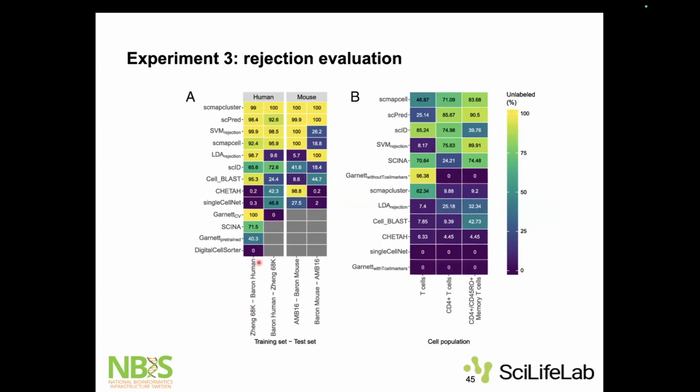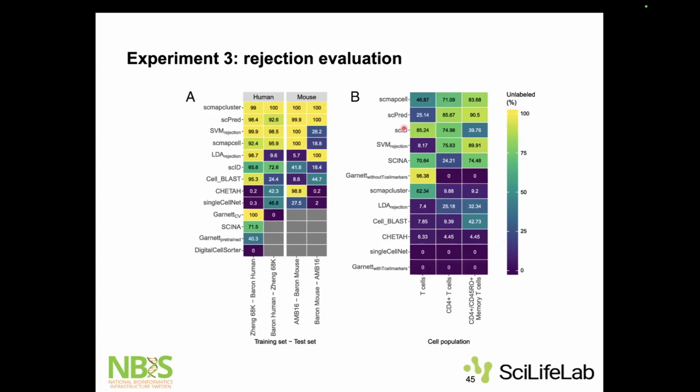They expected 100% rejection or close to it, but we will see here that not all the classifiers are doing that. They also did it with different conditions for human and mouse, and still they are not performing well.